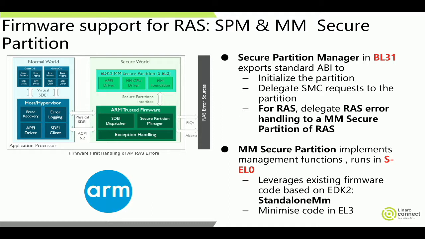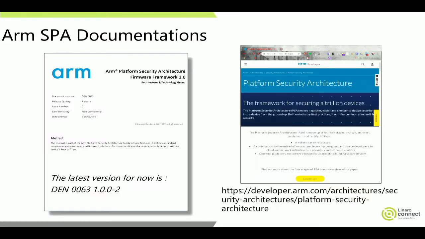This part will be compiled in EDK2 and runs in secure EL0. These two parts work together, so you will see the whole picture after this. If you want to learn more about this, you can download the ARM SPA documentation. The slides provide all the information.